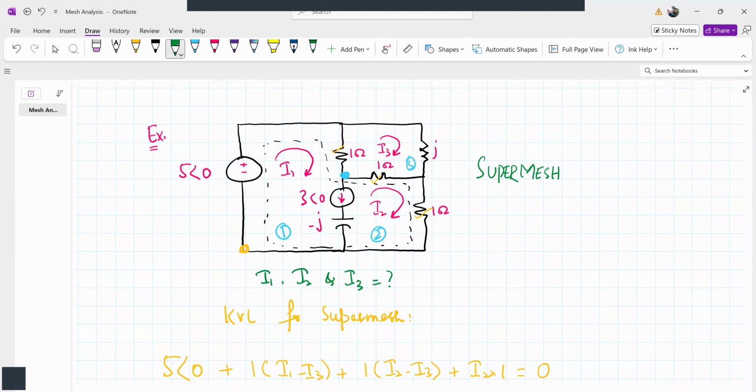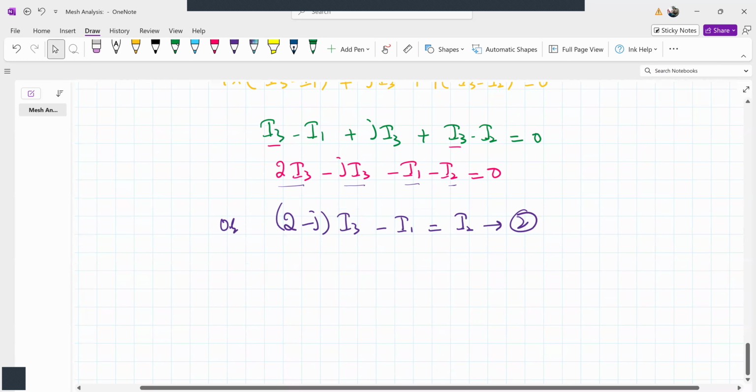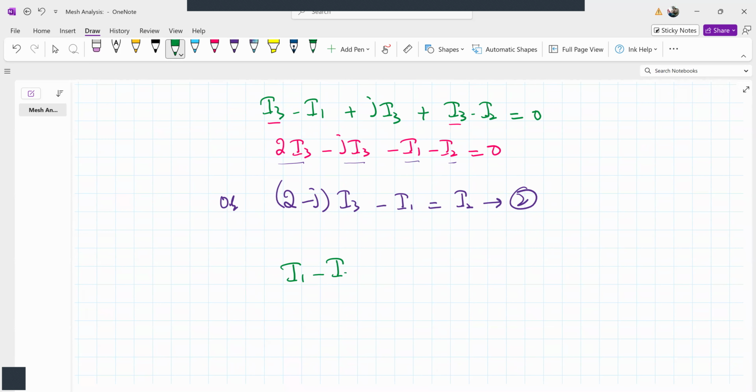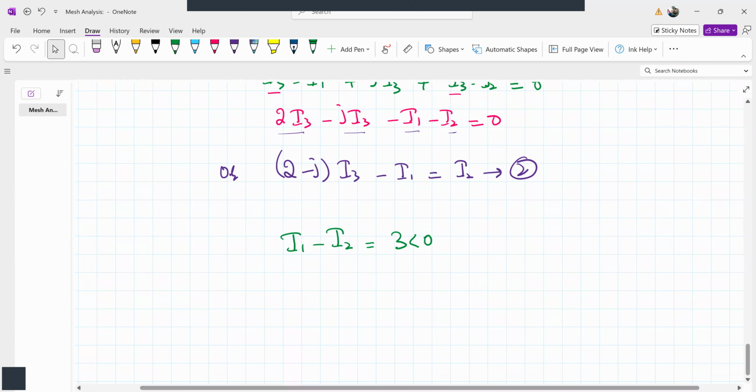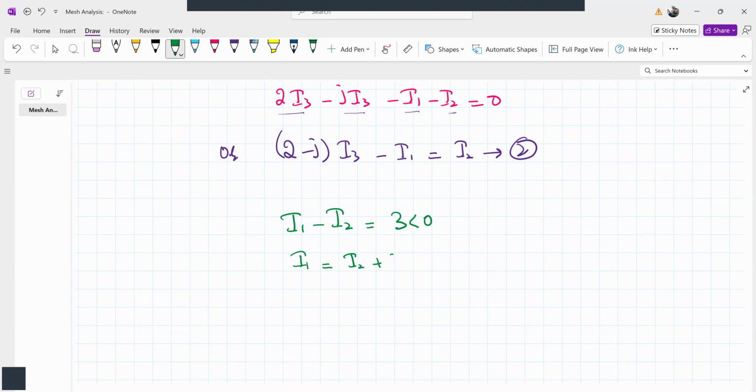So I1 minus I2 will be equal to 3 at an angle of 0. That will give us I1 equal to I2 plus 3 at an angle of 0, which is simply 3. So this is our third equation.